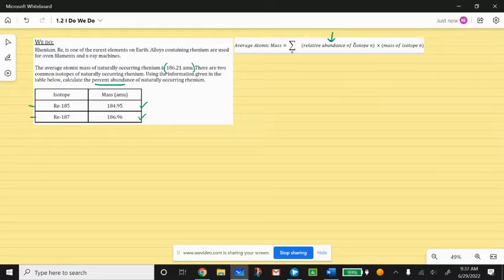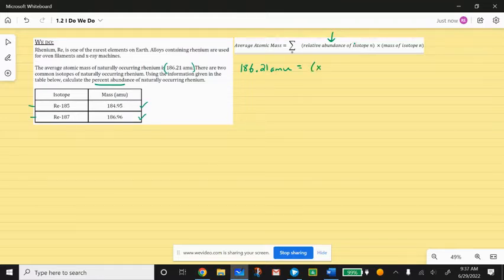Thinking about this, the average atomic mass we're given is 186.21 AMU. What we don't have is relative abundance.